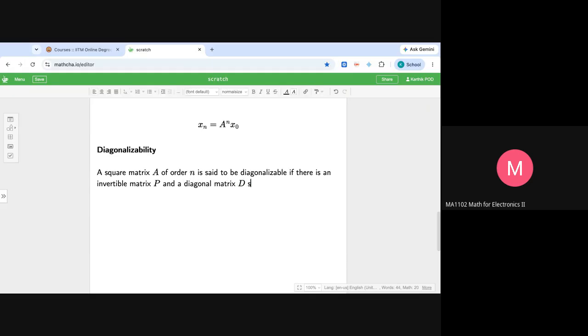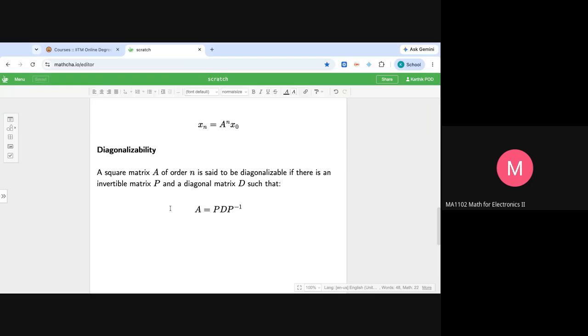A square matrix A of order n is said to be diagonalizable if there is an invertible matrix P and a diagonal matrix D such that you can express A as P into D into P inverse. So A equals P D P inverse is the idea of diagonalizability.